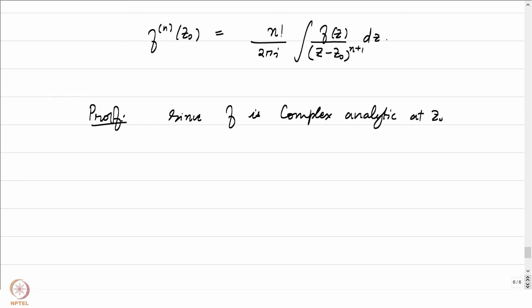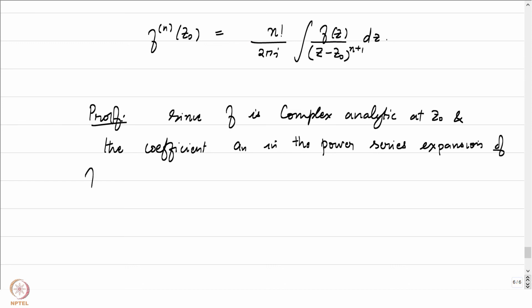At z0, the coefficient a_n in the power series expansion of f is given by a_n equal to 1 by 2 pi i times the integral over gamma 1.